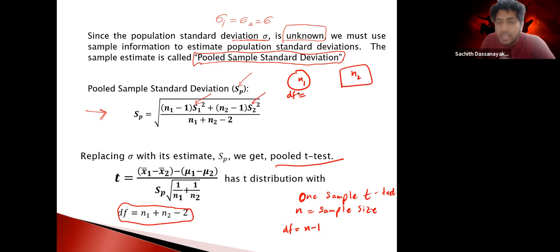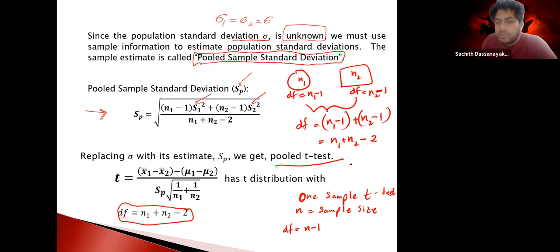If you consider them as individual one sample t tests, the degrees of freedom are n1 minus 1 and n2 minus 1. You can simplify using the summation of these two, n1 minus 1 plus n2 minus 1, which equals n1 plus n2 minus 2. It is what we have mentioned here.